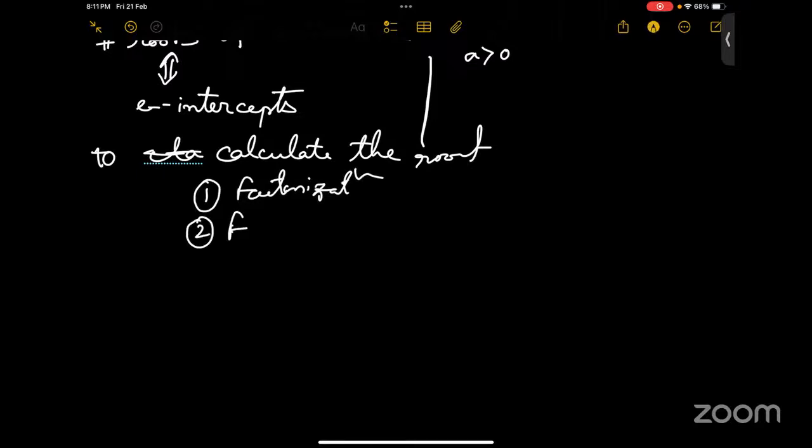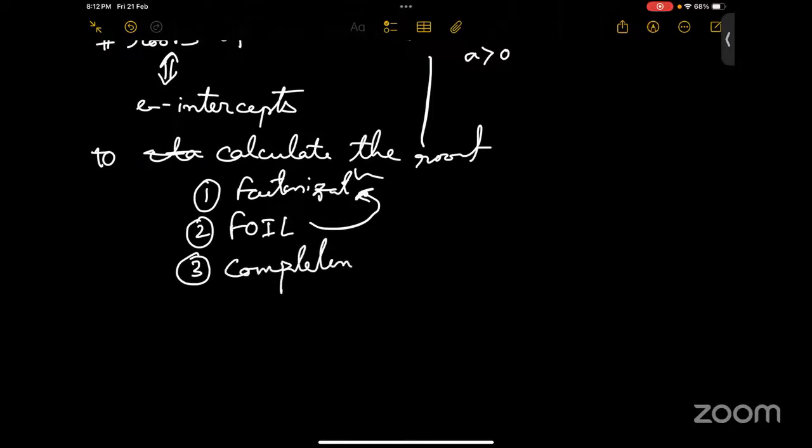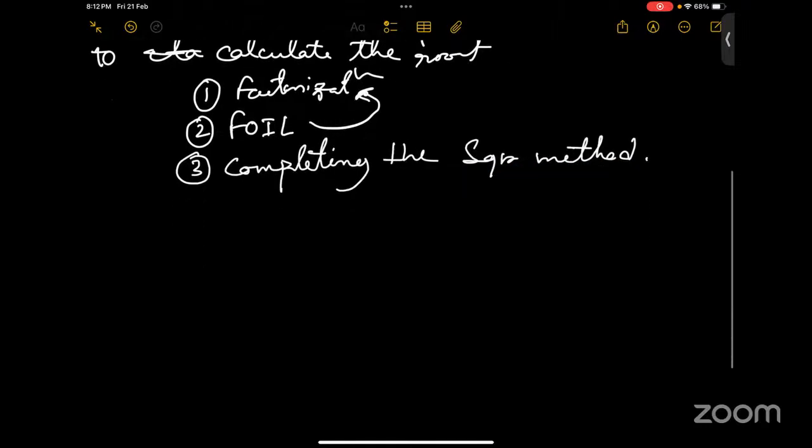Then we learned about the FOIL method. So using the FOIL method also we can factorize the equation, right? Then we learned about the completing the square method, right?